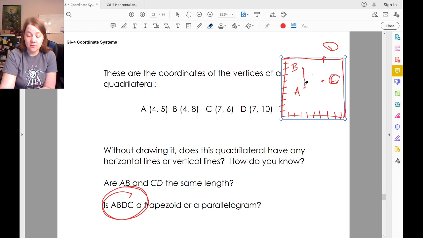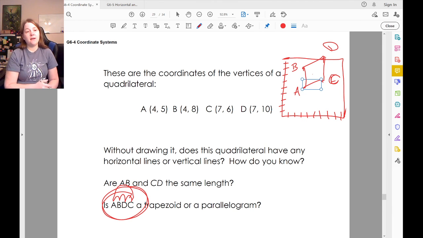So they want shape A, B, D, C, which means I connect A to B, just like so, and then I connect B to D. Then I connect D to C, and then to finish it all off, I connect C all the way back to A. And that makes what would probably be a rhombus, some sort of parallelogram, except it's drawn virtually.